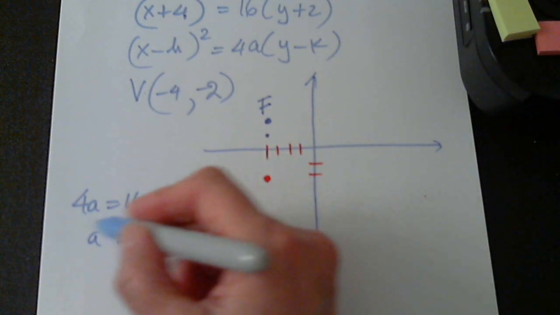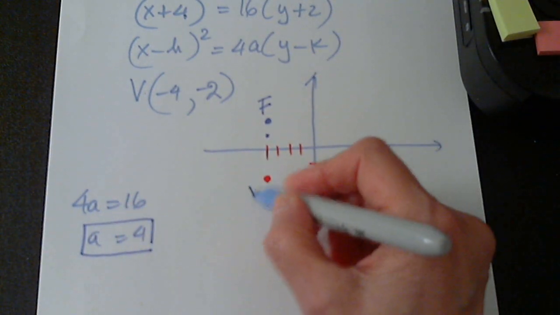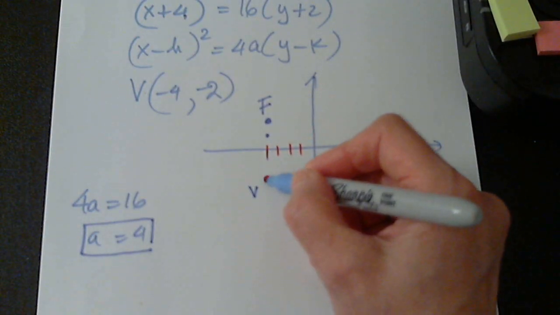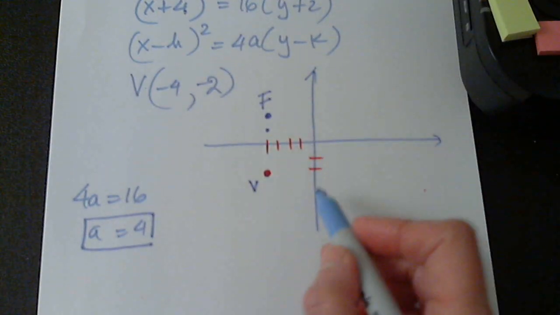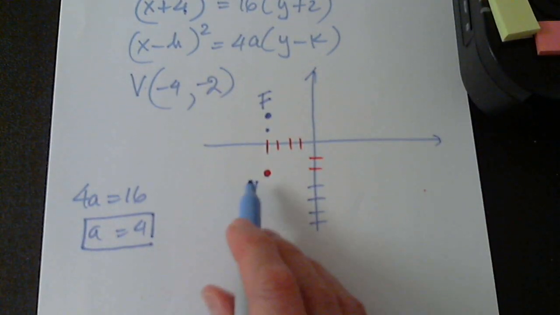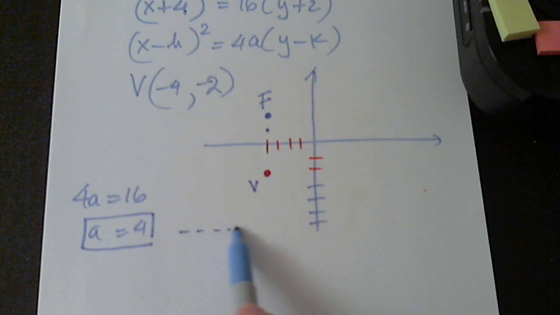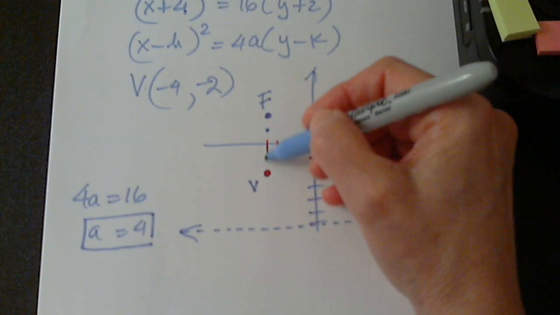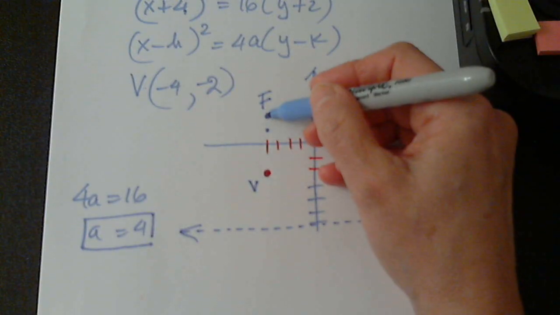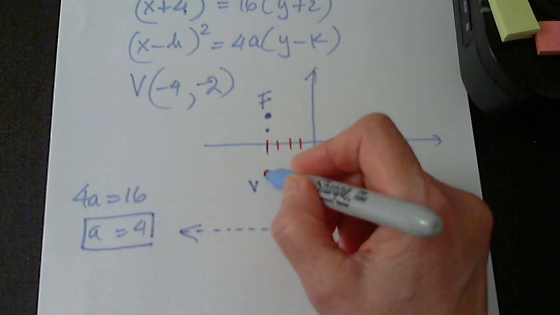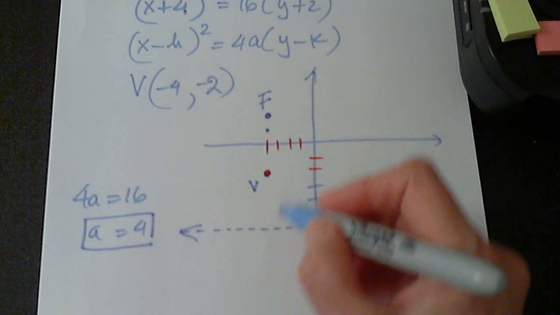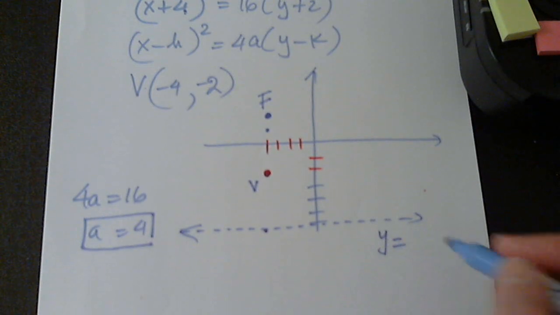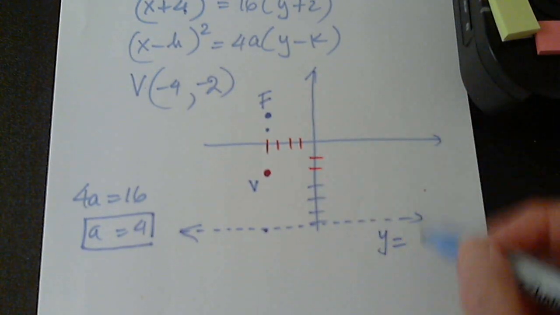Since a equals 4 and this is the vertex, I have to have 4 units between the vertex and the focus. Also, 1, 2, 3, 4. On the other side of the vertex, I have to have the directrix. This distance of 4 units between the vertex and the focus has to equal this distance between the vertex and the directrix. The directrix is a horizontal line. y equals, what was it? -6.